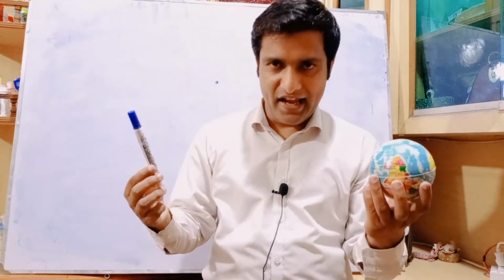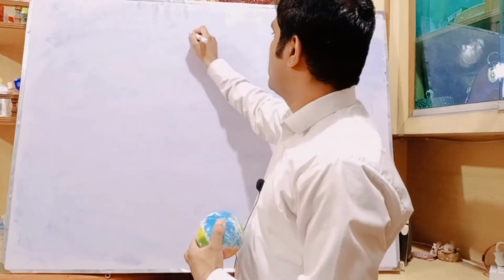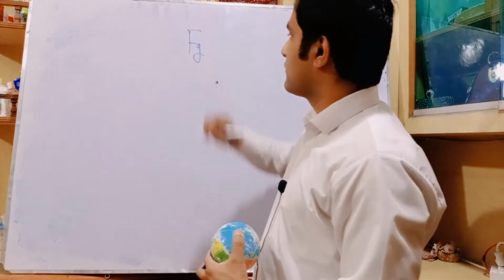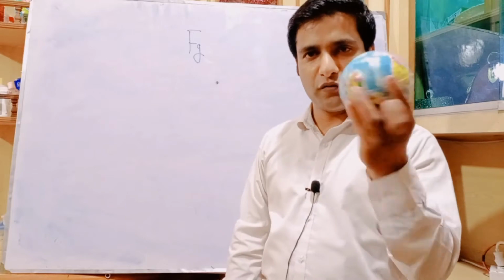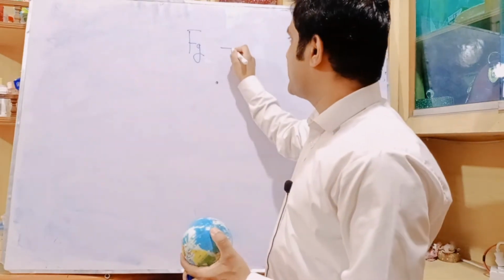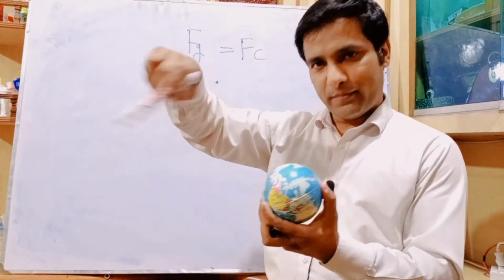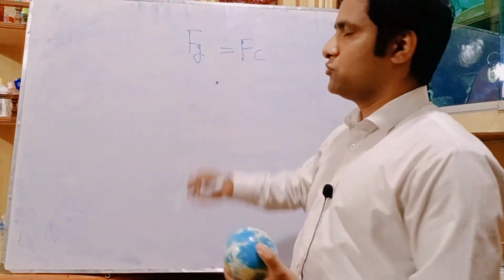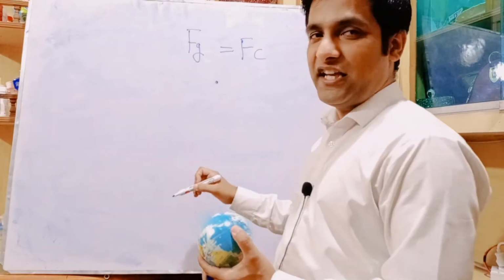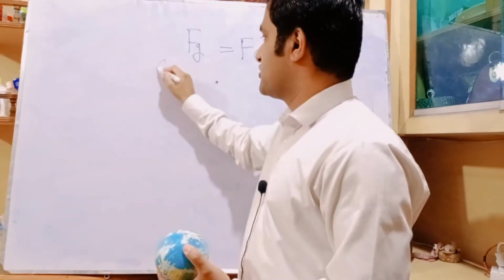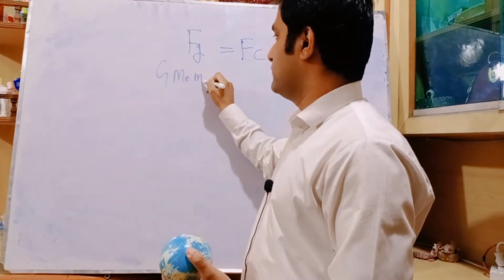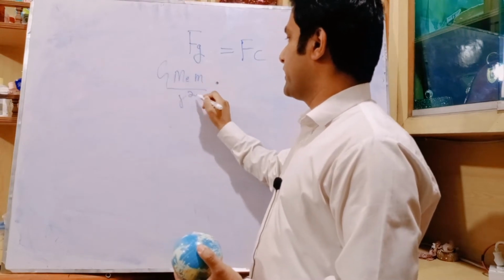So we'll say that Fg, the gravitational force of the Earth, will provide the centripetal force to the satellite to move in a circular path. That's why these two forces are kept equal. What is Fg? G M m over r square.